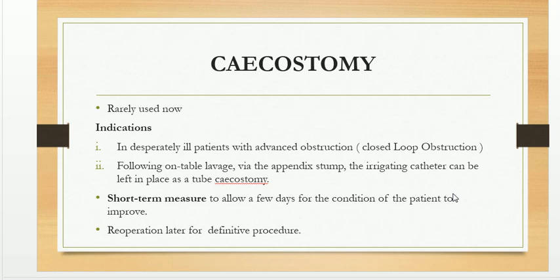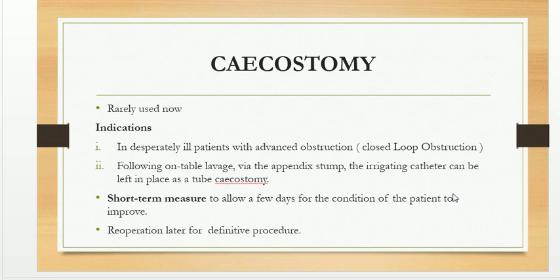Following on-table lavage via the appendectomy, the irrigating catheter can be left in place as a tube cecostomy. We are talking about the peritoneal lavage, the on-table lavage of the colon, which we do on the table to clean the large gut.